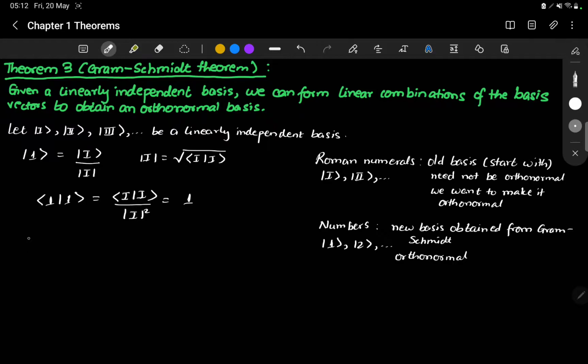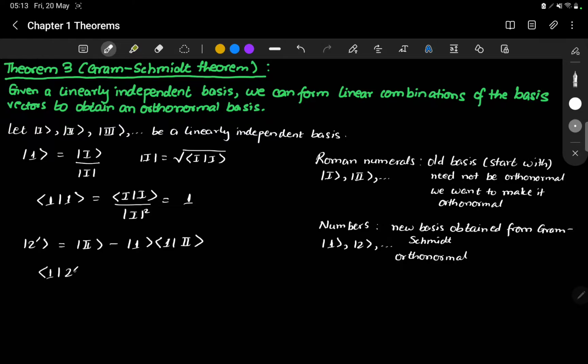For the second vector, let us take the second vector of the old basis and subtract its projection along the first vector. Now, clearly, this vector that we have just formed by this subtraction is orthogonal to the first one. We can see that by finding the inner product with the first vector.